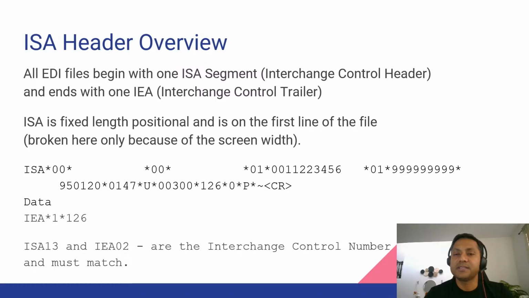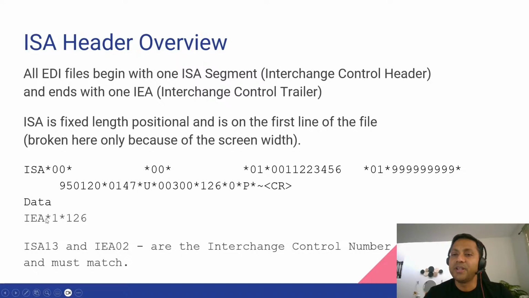It's entirely a fixed-length and positional segment, the only segment in the entire file that has a fixed length, and it always appears on the first line of the file. On this slide the ISA appears broken into two lines, but that's just to fit this window. Typically it is a single line with a newline character for the next segment.